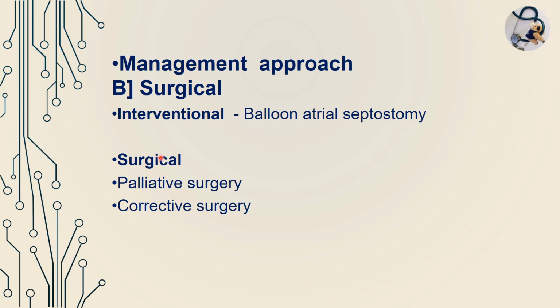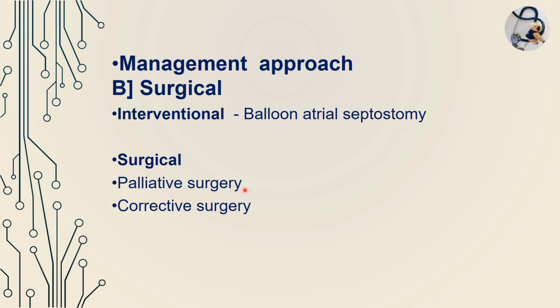And then finally comes surgical cardiology, or surgery. There are two types: one is palliative surgery, another is corrective surgery. Palliative surgery is done just to relieve symptoms and stabilize the child, where the full correction is not immediately possible.